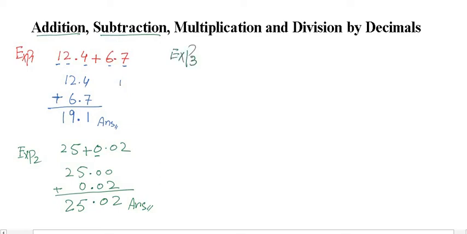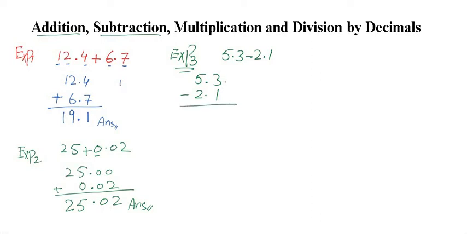If we are given 5.3 minus 2.1, write 5.3 minus 2.1, and as I said, unit under unit, tenth under tenth, decimal under decimal. Just subtract the smaller from the bigger one. 3 minus 1 equals 2, and 5 minus 2 equals 3. So this is your answer.